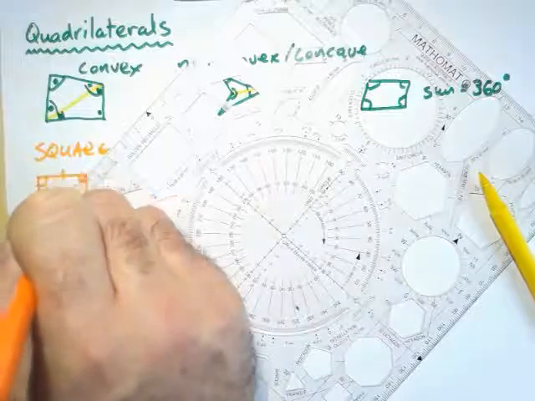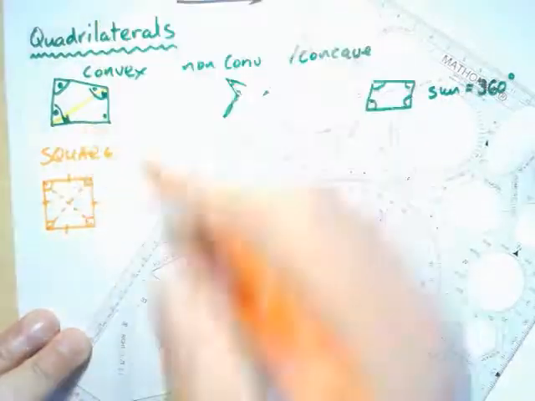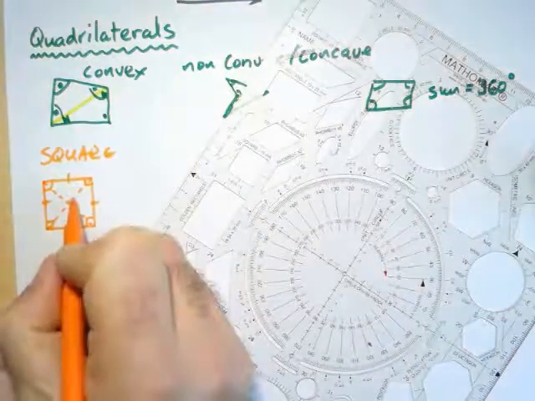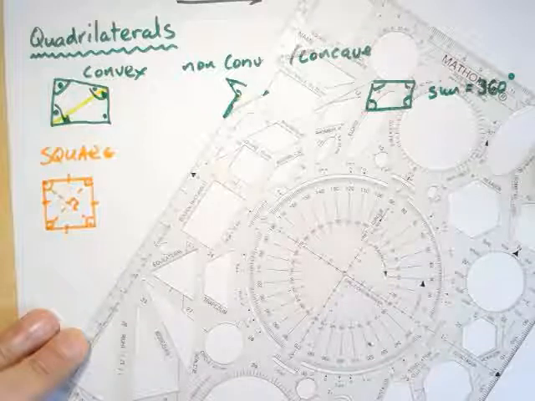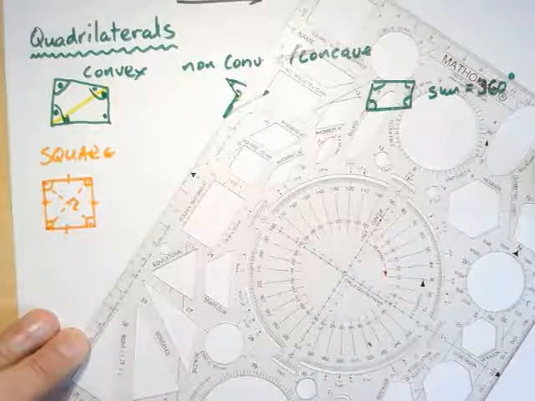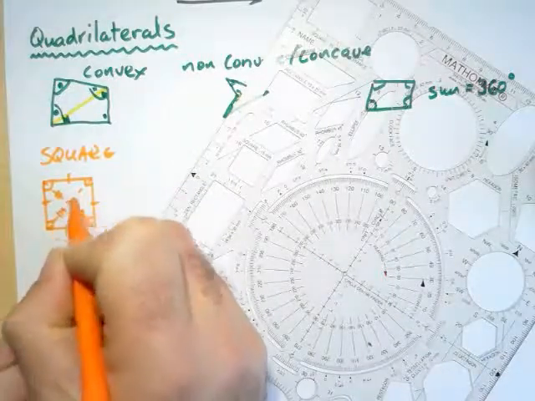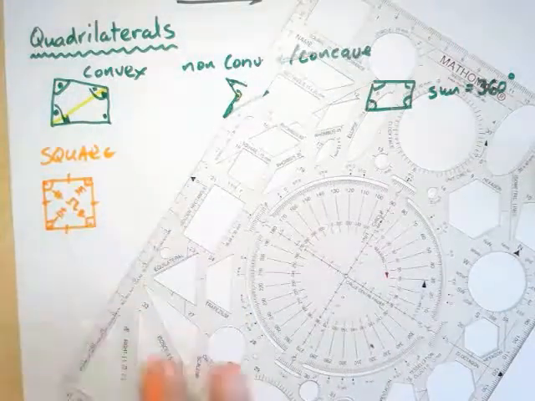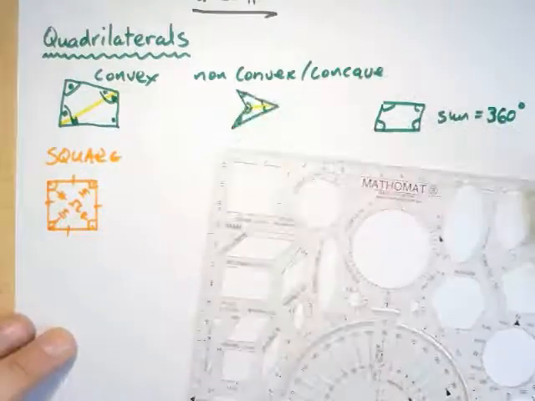So if we do this with a ruler, what do we see? We see that the diagonals intersect each other at 90 degrees, and we can also see that the diagonals bisect each other. So by just doing that, you can discuss all of the special quadrilaterals.